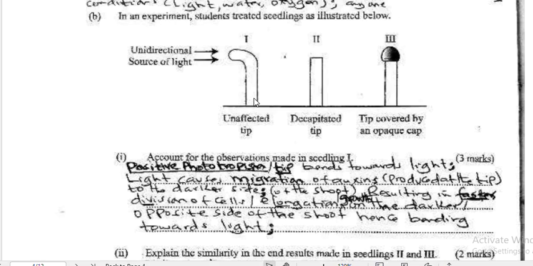Roman 2. Explain the similarity in the end results made in seedlings 2 and 3. Let's look at 2 and 3. Seedling 2 was cut at the shoot tip, and in 3 the tip was covered by an opaque cap. Both seedlings remain upright.